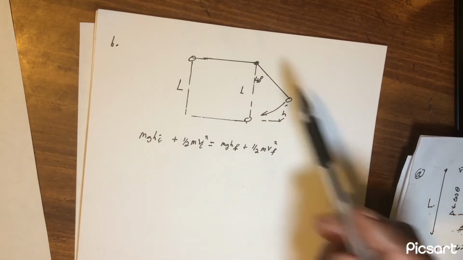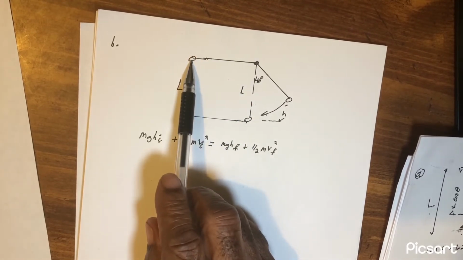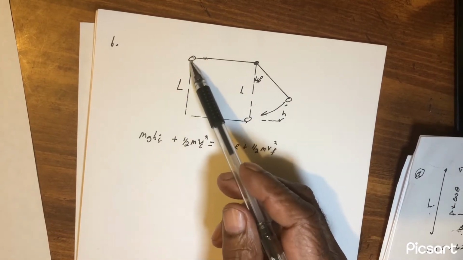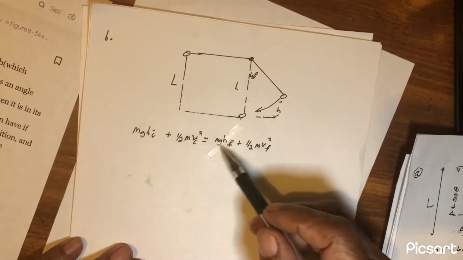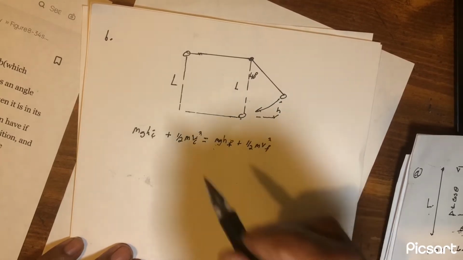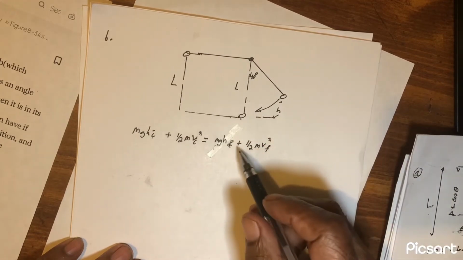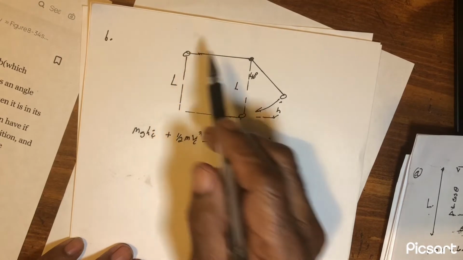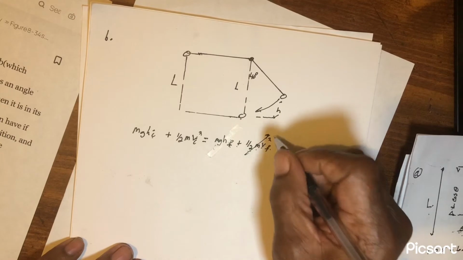So this is the final position, and it will be still at this position momentarily. This is what we want to look at. So I said mgh final is equal 0. That's not true. So mgh final plus 1/2 mv squared. The final velocity, in this case, is going to be 0.